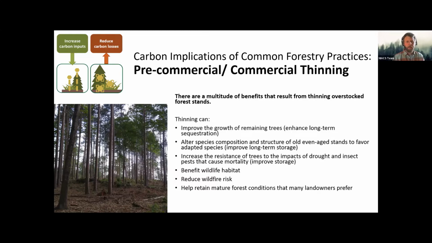You're just making it a less stressful environment, and that can have some really important resilience impacts or benefits as well. And a whole host of other benefits that might relate to other non-carbon goals, such as wildlife habitat, or aesthetic conditions that some landowners may prefer.